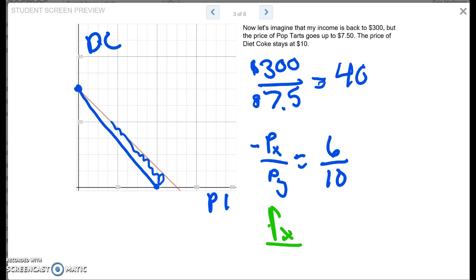The new price is 7.5 over 10, also negative. They should both be negative. So it's going to be a steeper slope. All right, so I think the next one is going to be a change in the price of Diet Coke, and I'm going to put that up for you all to try, and then I'll draw in the solution.